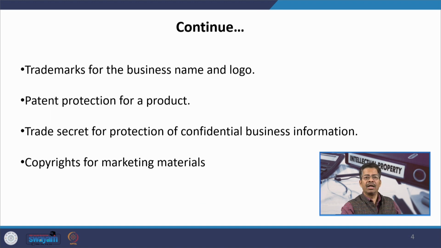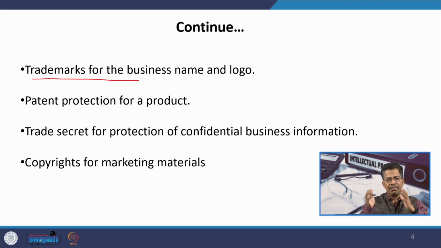Here are some common examples available with organizations. One is that most organizations, as we have discussed in other classes also, maintain a huge basket of trademark-related IP, and in this trademark-related IP they try to protect all the possible ways through which their names and logos can be represented.